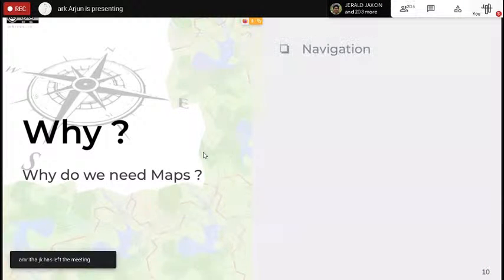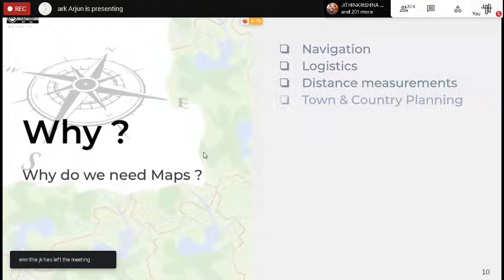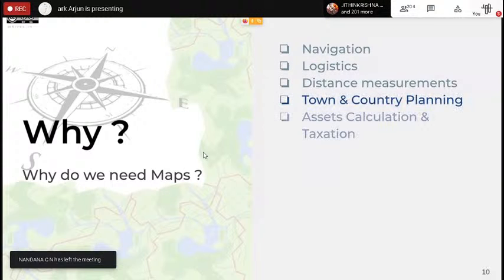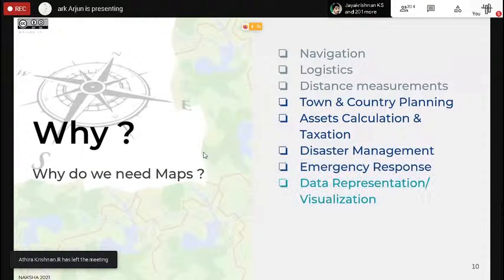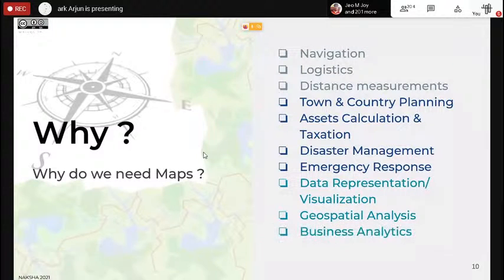So why do we need maps? Navigation, logistics, distance measurement, country and town planning, asset calculation and taxation, disaster management, emergency response, data representation and visualization, geospatial analysis, business analytics.